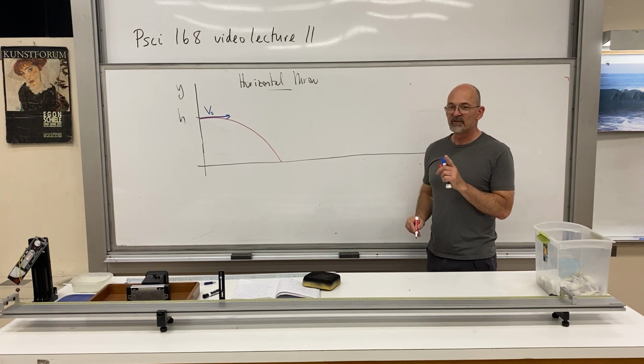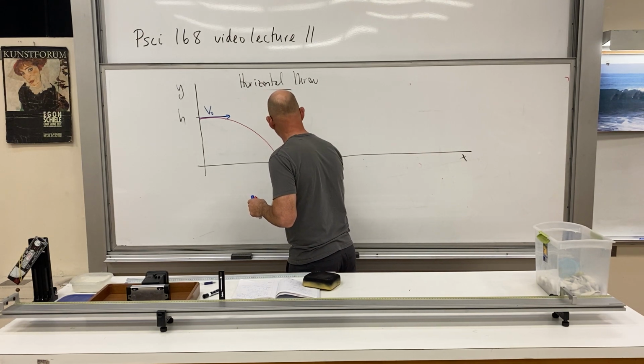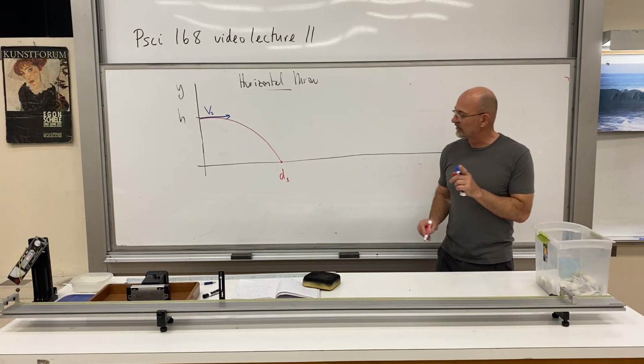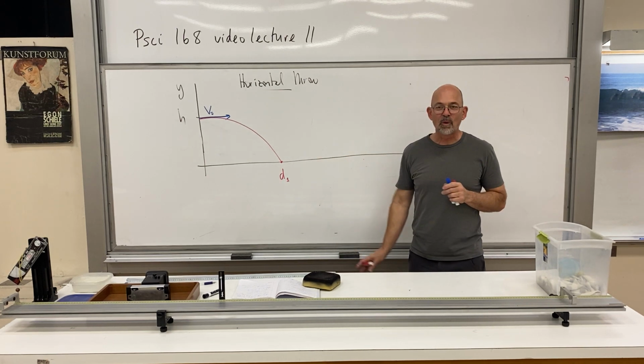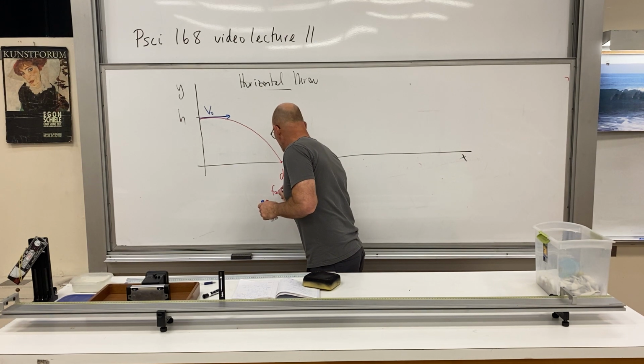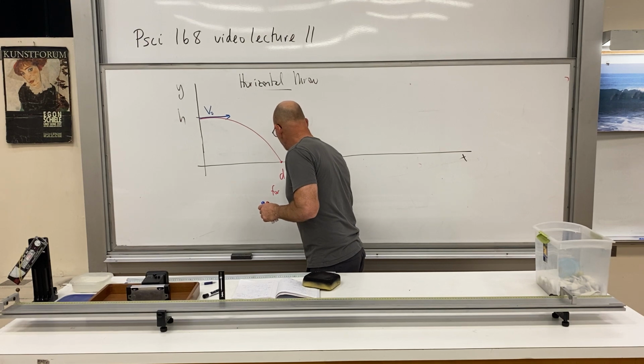Now the question is, so this is distance 1. The question is, how far does it go if I throw it with twice the initial speed? So D0 for v0.